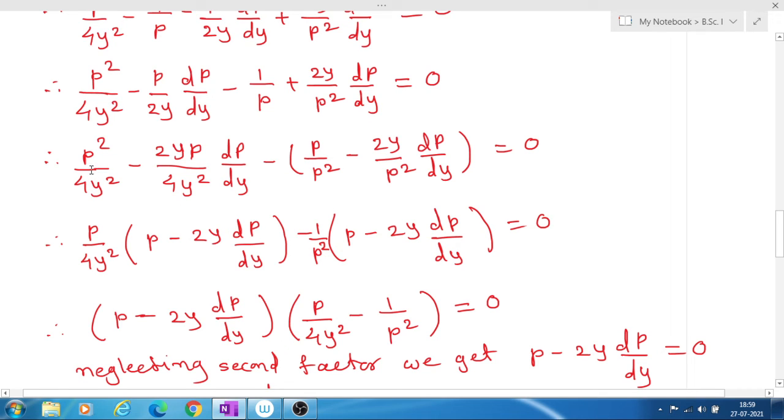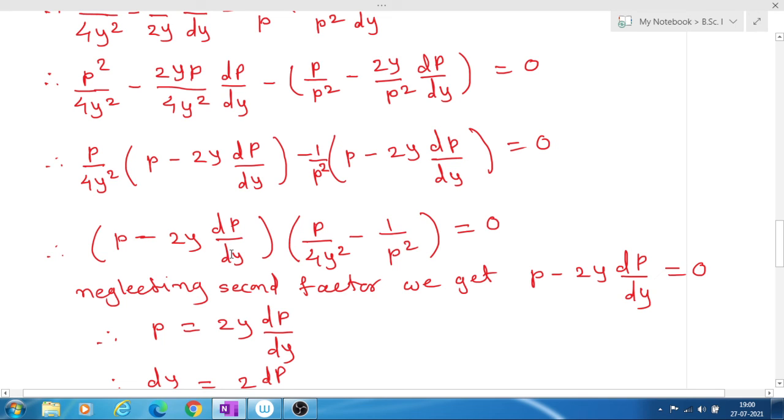So from these two terms, we take common p upon 4y square, here I multiplied this term by y, and then taking common p upon 4y square, and here also multiplying this by p and then taking common 1 upon p square, we get the common bracket p minus 2y into dp by dy, then taking common that bracket we get another bracket p upon 4y square minus 1 upon p square is equal to 0.